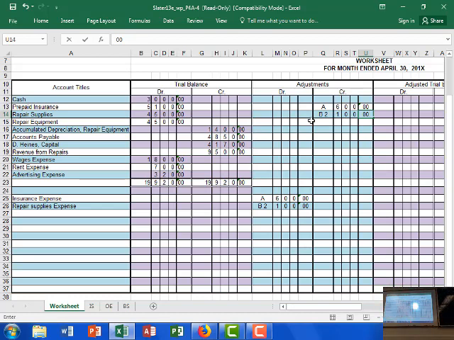Okay, then the next is depreciation on repair equipment. They've already figured out their depreciation amount for us already. So what do we have to add? Do we have it here? Remember, depreciation is an expense that we're going to have first. So we're going to say depreciation expense on repair equipment.